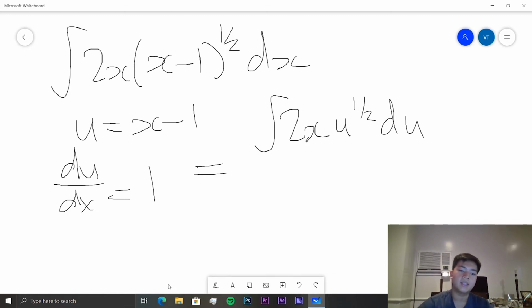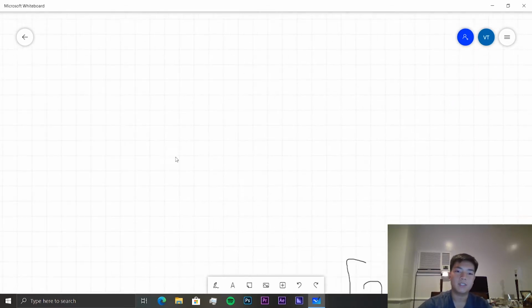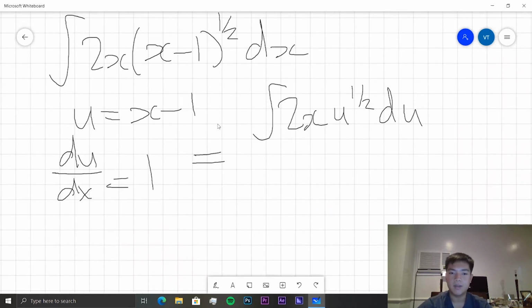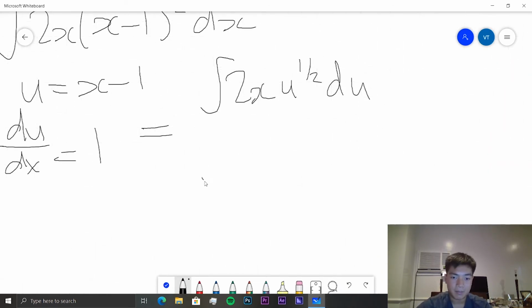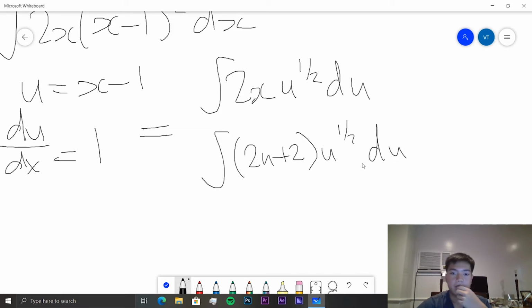But how do we express 2x in terms of u? We can simply do that by saying 2u plus 2 times u to the 1/2 du, since 2x is equal to x minus 1 times 2 plus 2.